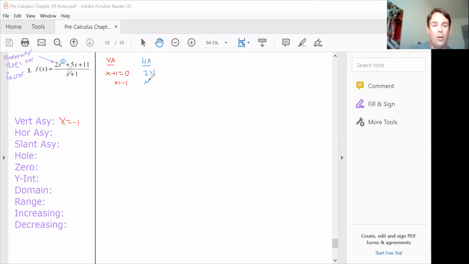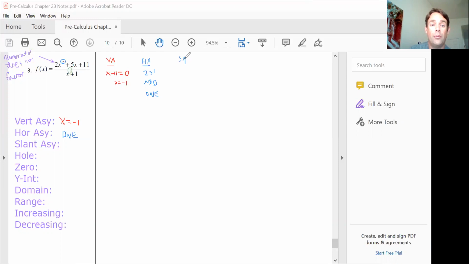That means my numerator is greater than my denominator. And when that happens, that means I do not have a horizontal asymptote. And if I don't have a horizontal asymptote, bells and whistles should have gone off in your head when you did it. It means we have a slant asymptote.